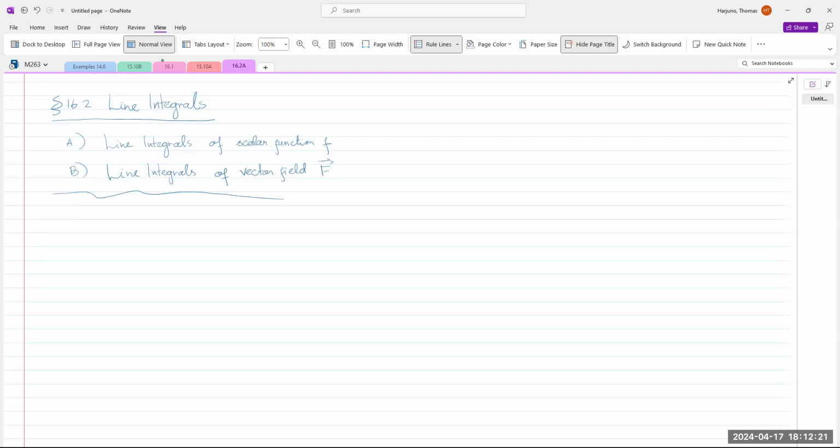If we have a slight time ahead, I will transition to the line integrals of the vector field F. Let's review some parts first, starting with line integrals of scalar function f.